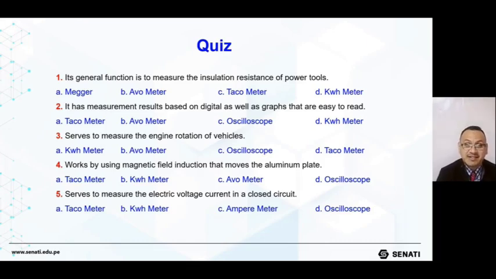Excellent. The answer is letter C. Oscilloscope has measurement results based on digital as well as graphs that are easy to read.